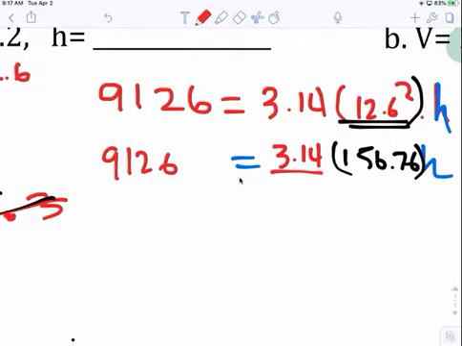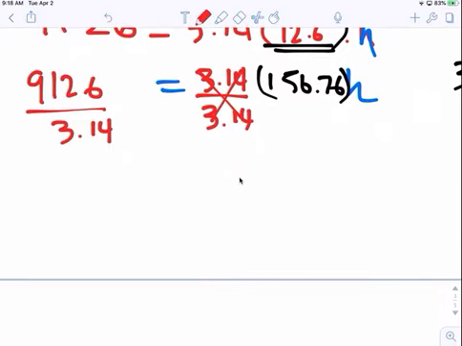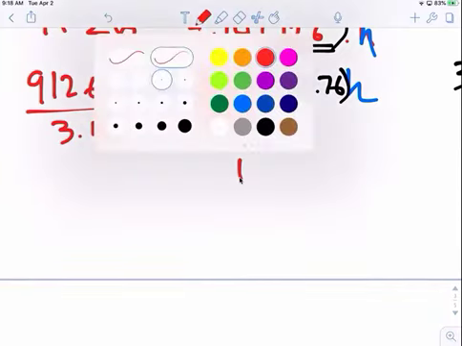You can divide first by 3.14, and then get 156.